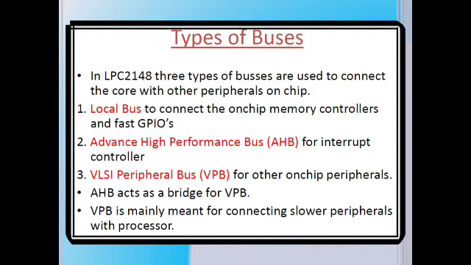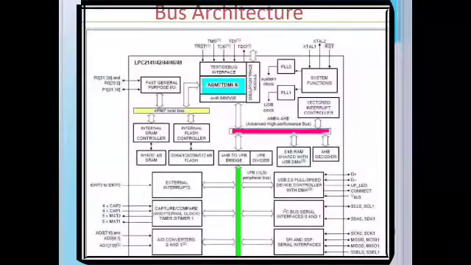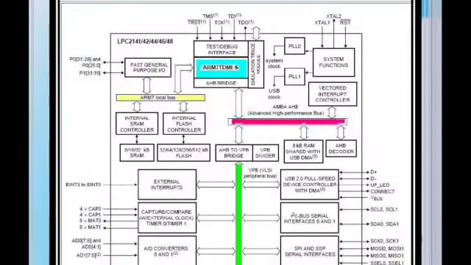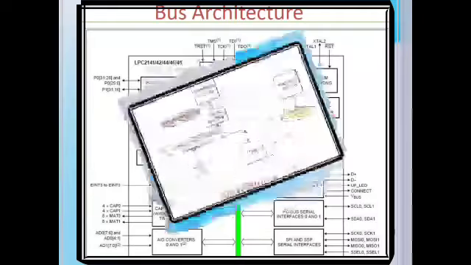AHB acts as a bridge for VPB, and VPB is mainly meant for connecting slower peripheral devices with a high-speed processor. This is the general bus architecture of your ARM7, that is the LPC2148 board. The architecture is the general ARM7 architecture with these additional facilities provided.